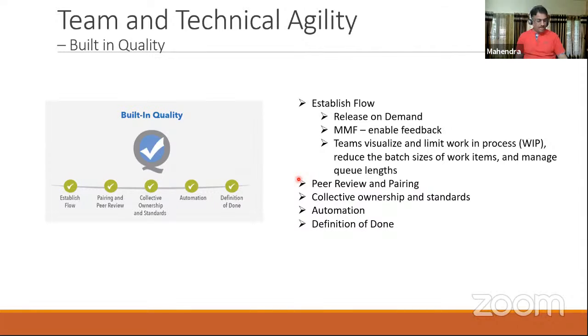Unfortunately, we have been practicing it the wrong way. Quality is treated as part of the testing function. As a developer, I'm not worried about quality; it is the testers who focus on quality. It is only in the software industry that we have a product and then try to test it. If I'm building my house, I don't build a wall and break it to check whether its quality is right.